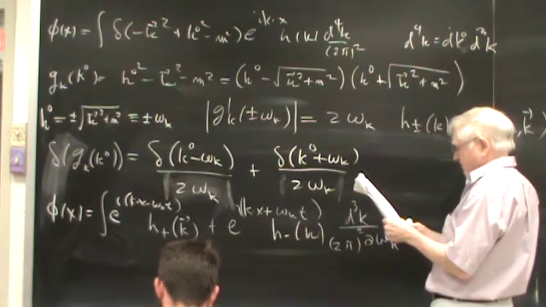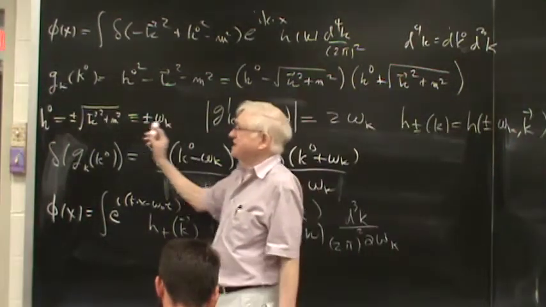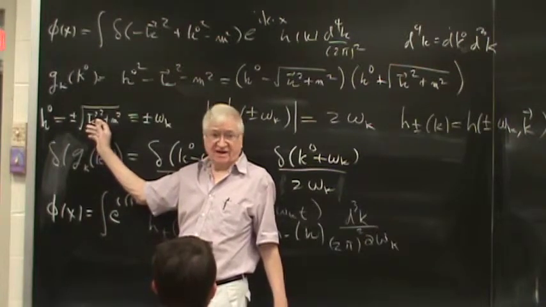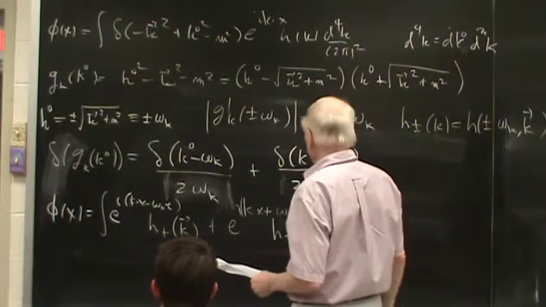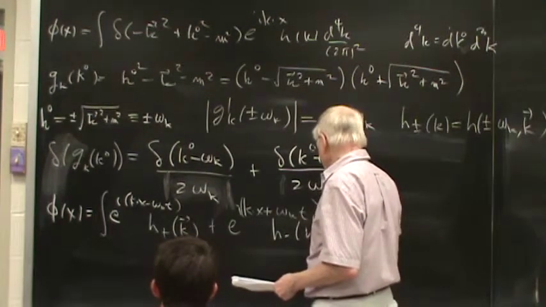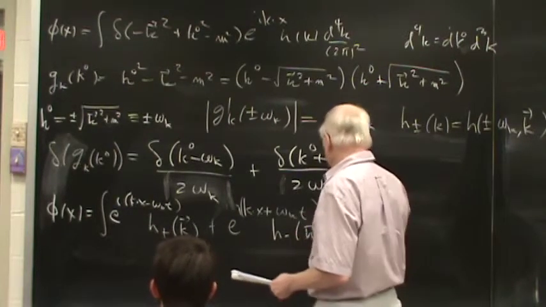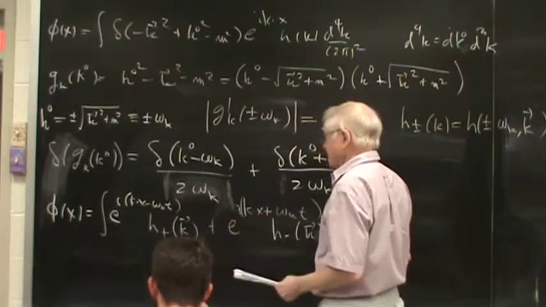All right, now, omega k is an even function of k. It involves just k vector squared, k vector dot k vector. And so in this integration, we can flip k to minus k, and it doesn't make any difference.